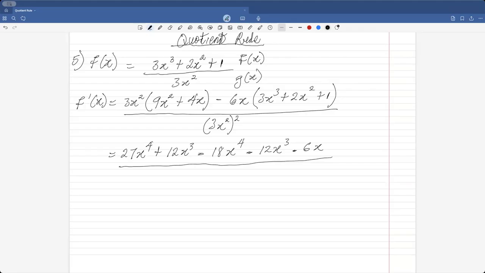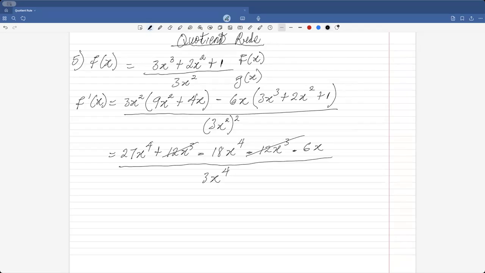We have 3x to the power of 4. Now, I can see we have like terms. So 12x to the power of 3 cancels 12x to the power of 3.